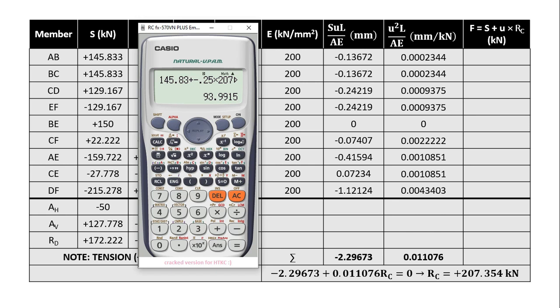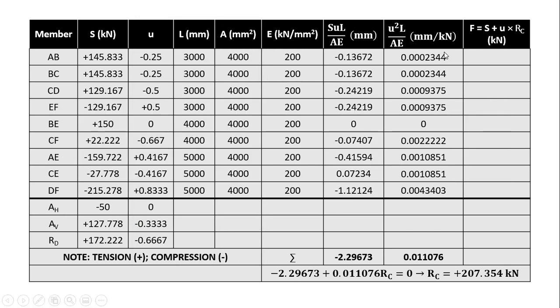So roughly that is 93.99. Okay, ginamit ko lang dito sa presentation natin ay sakto. So 995 yung nakuha natin. So ganun din yung gagawin natin sa mga susunod na cells pababa. And then solve with the reactions. Okay, so here's our answer for this example number 1.